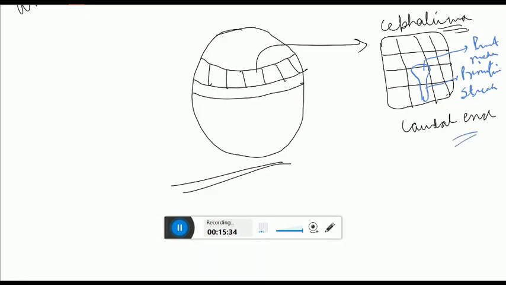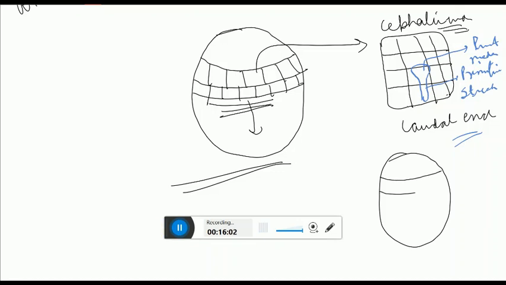What will they do? This primitive streak, which is part of the epiblast, will produce a large amount of cells, which will come and invaginate in between epiblast and hypoblast, due to which the hypoblast layer gets separated. This was our epiblast. This is the primitive streak. Cells are coming.